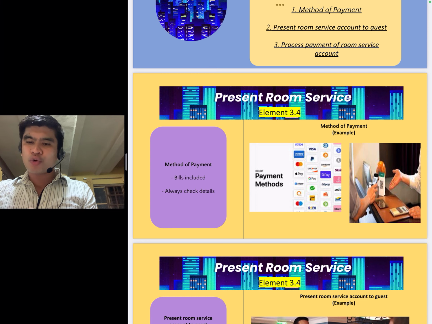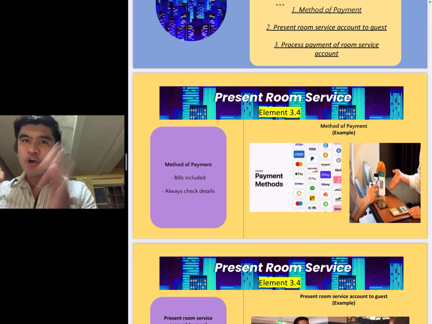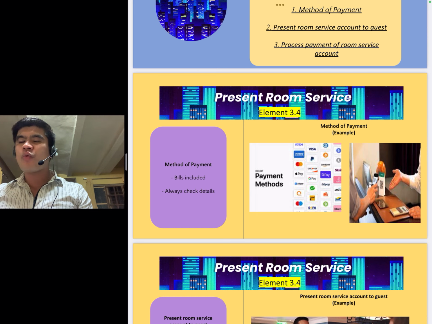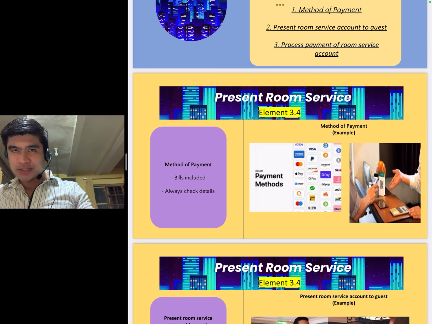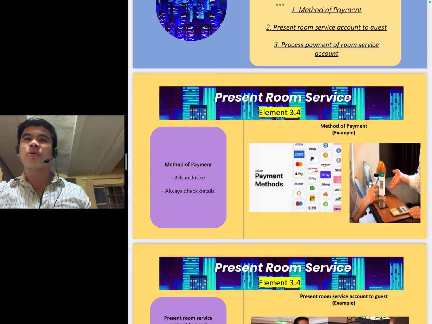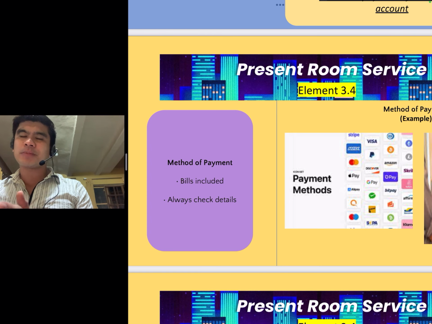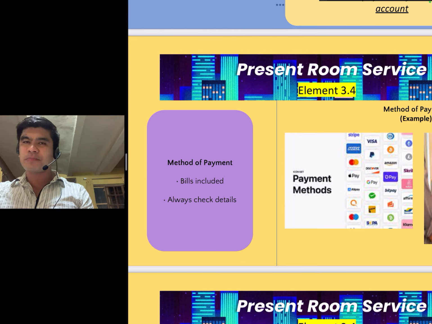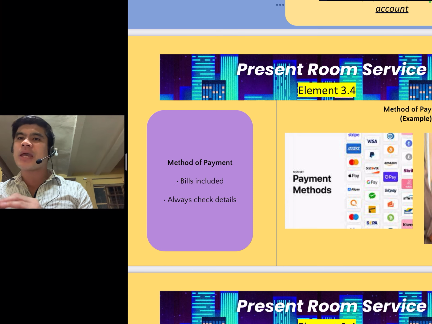Double check the room number and double check the name. If it says here that room 101 belongs to Mr. Smith, and on your check room 101 has a different name, maybe Mr. White, then you must double check it. So for you not to have any possible problem, make sure that you have the complete details, room name and room number are the same, and then you're good to go.